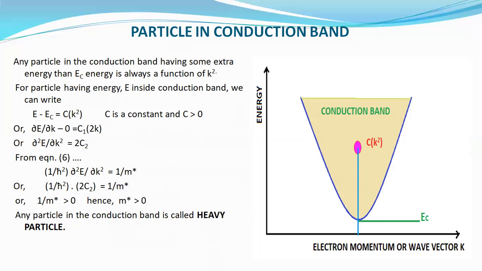So this relative mass m star greater than 0 means any electron inside the conduction band appears as heavier. It's called a heavy particle, and it has some tendency to go downward, meaning any electron inside the conduction band has the usual tendency to lose its energy somewhere and go to the valence band.